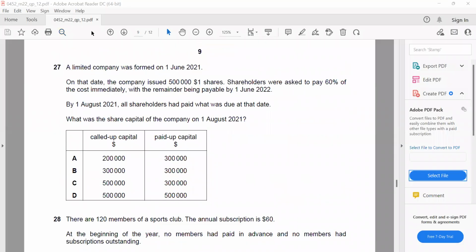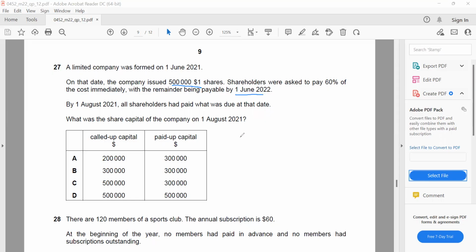Okay, 27. A limited company was formed on 1st June 2021. On that day, the company issued 500,000 shares of $1. Shareholders were asked to pay 60% immediately, with the remainder being payable on 1st August. By 1st August, all shareholders paid what was due on that day. What was the share capital of the company on 1st August?